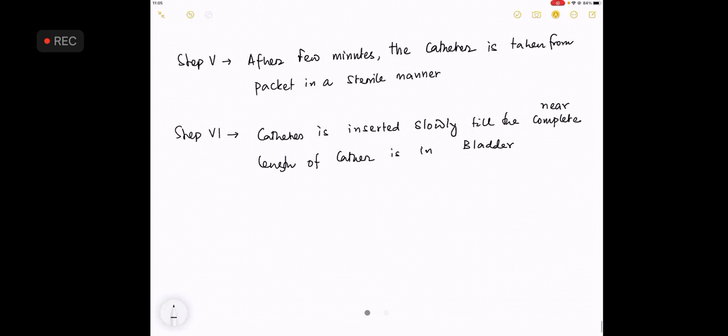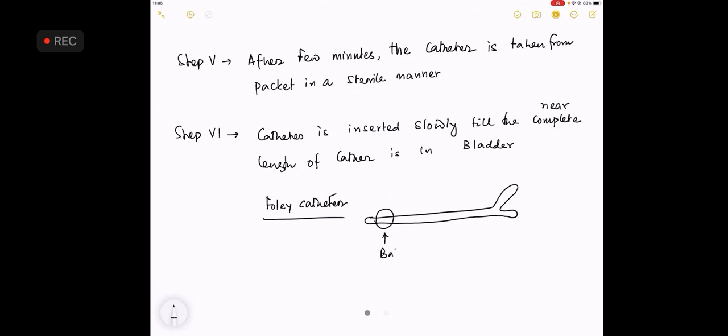In the case of a Foley catheter, what is a Foley catheter? We'll talk in instrument class. Remember, a Foley catheter has this shape. This is the balloon and this is the eye of the catheter.